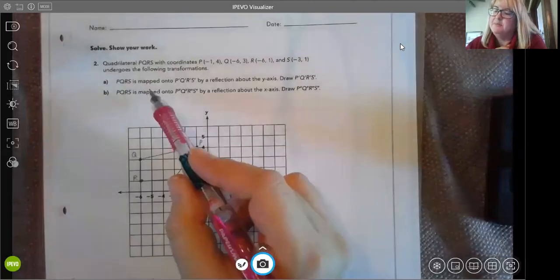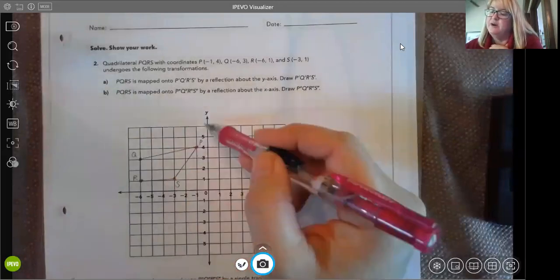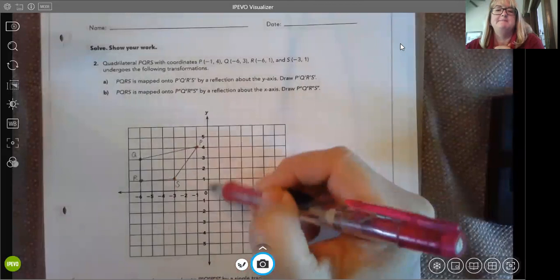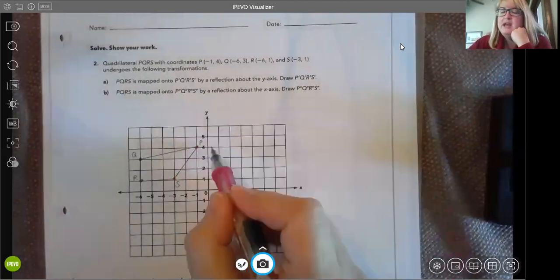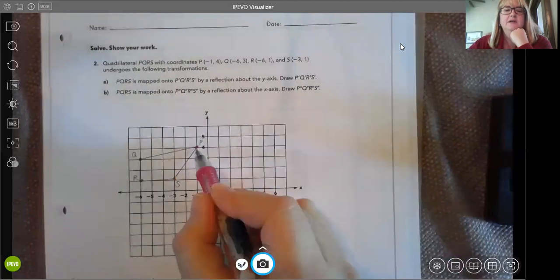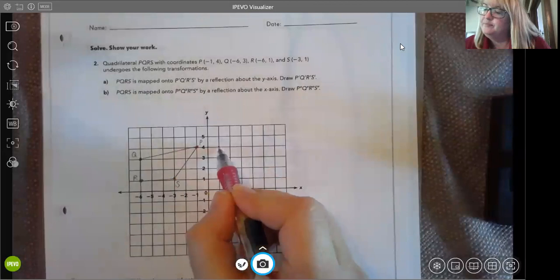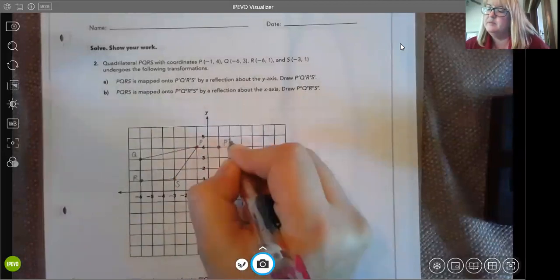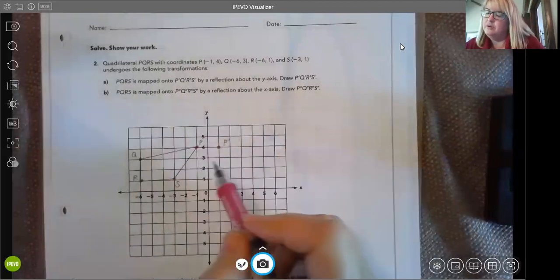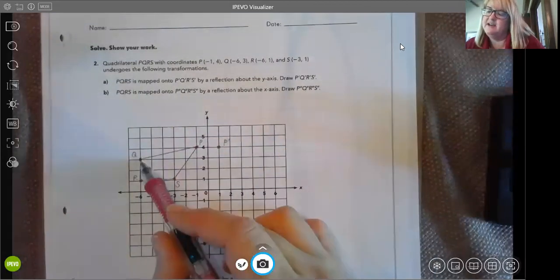PQRS is mapped by a reflection about the y-axis. Here's the y-axis, okay? So P is 1 unit away to the left. P prime will be 1 unit away to the right. And then Q is 6 units away from the y-axis to the left.